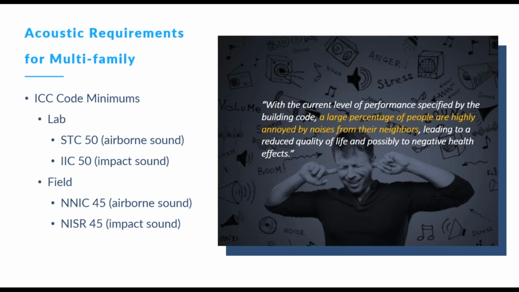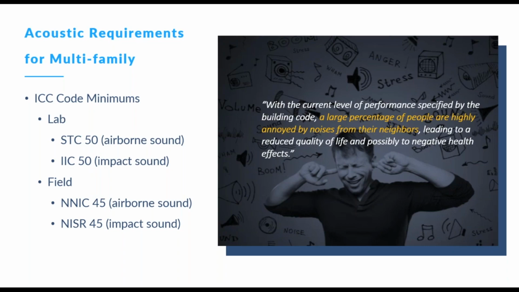So the ICC code minimums for multifamily construction, if you're using lab test reports, are an STC 50 for airborne sound and an IIC 50 for impact sound. If you're using a field rating, so you're actually going to test that building in situ, then the requirements are NNIC 45 for airborne sound and NISR 45 for impact sound.